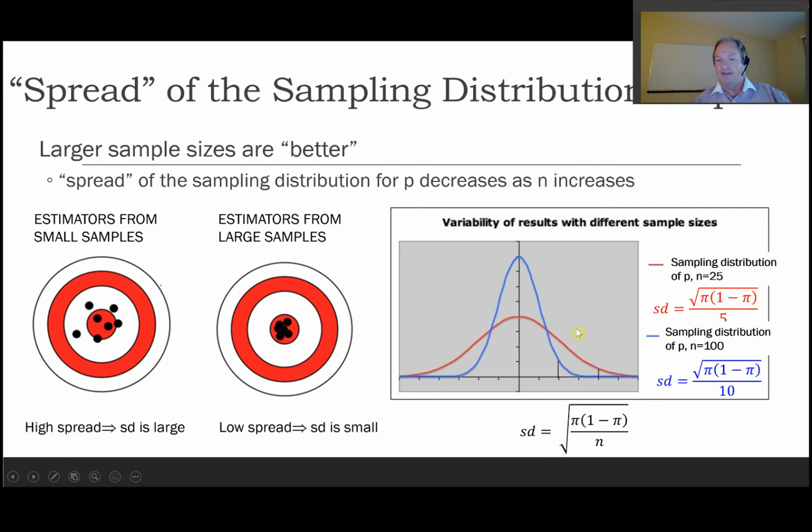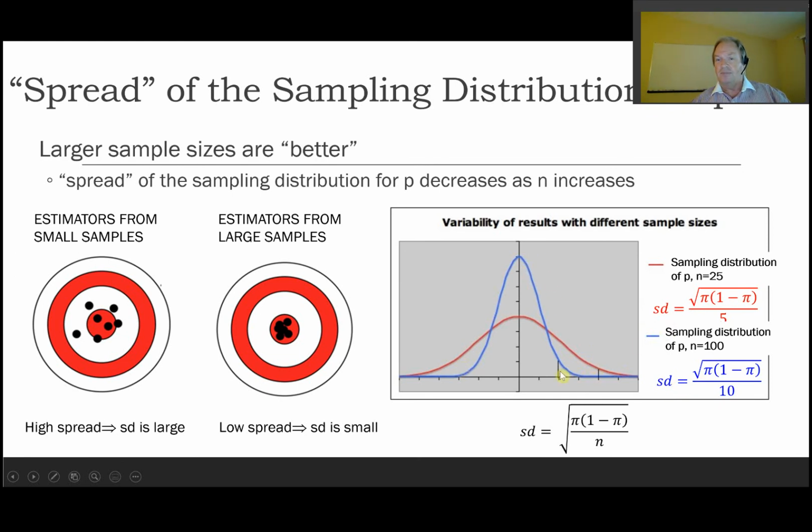And we can see that it's broader. On the other hand, if we take a sample size of 100 and plug it into here, the square root of 100 is going to be 10. And so we're dividing the same number by a larger number for the larger sample size, and therefore the standard deviation is going to be half what it is here.